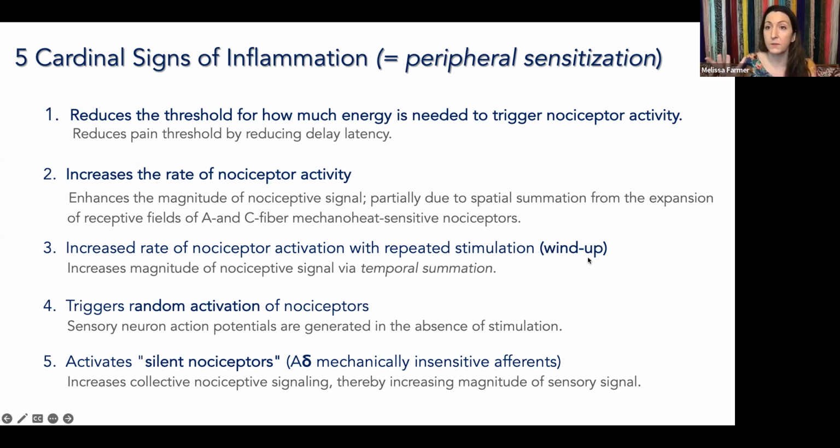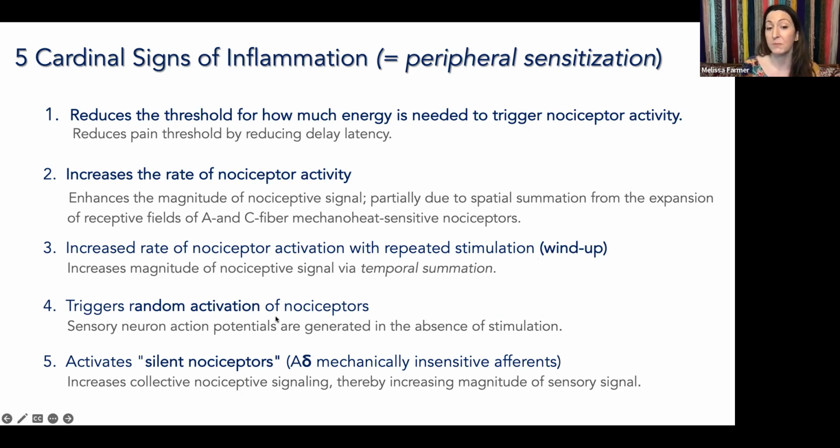So you'll notice if you have inflammation in a limb and you're doing repetitive activity, and the pain gets worse and worse and worse with each movement, or it could be with each exposure to more heat or more pressure, that's wind up. That's a specific property of inflammation.